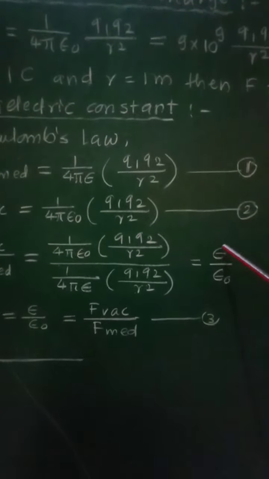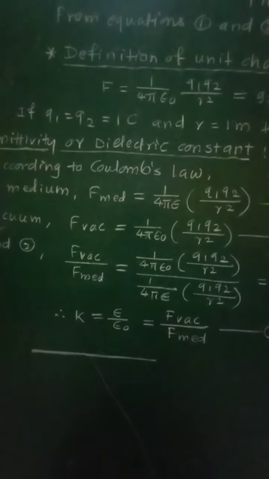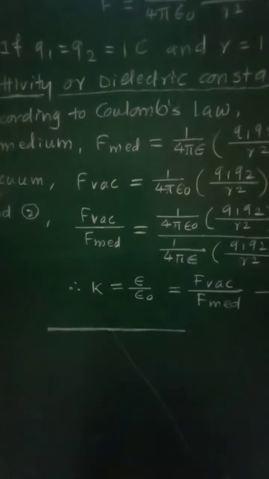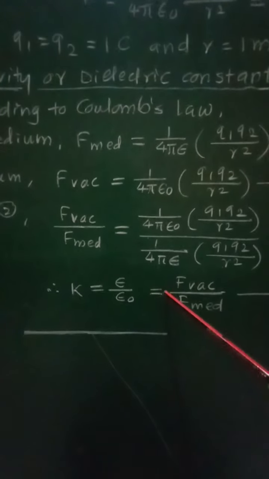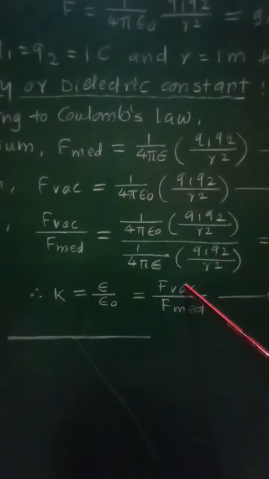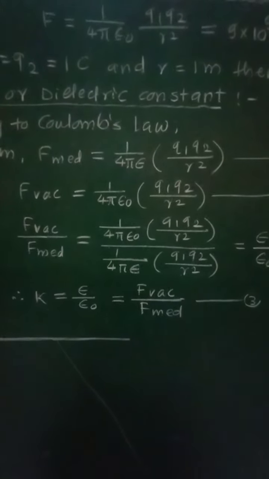But this ratio epsilon upon epsilon 0 is the relative permittivity or dielectric constant of that medium, denoted by K, and therefore we can write K equal to epsilon upon epsilon 0, or equal to force in vacuum divided by force in medium, equation number 3.